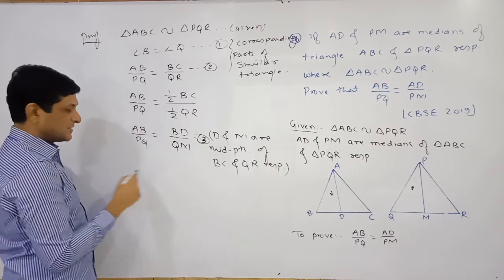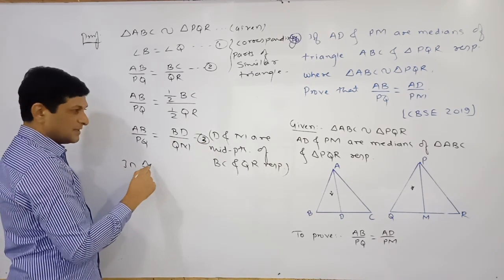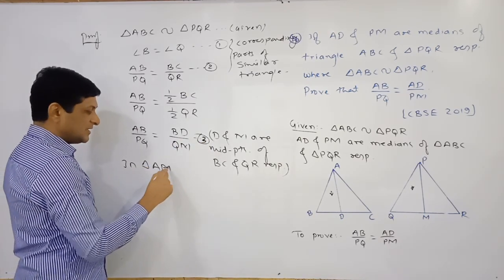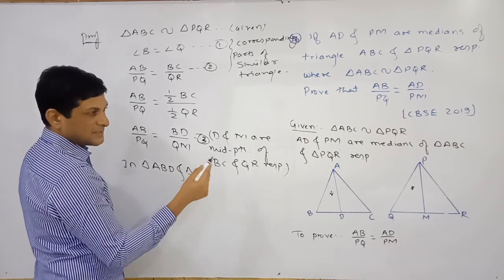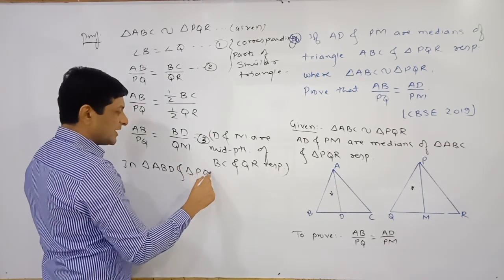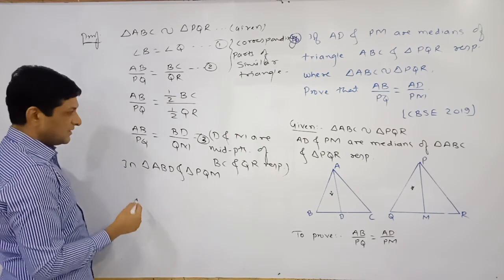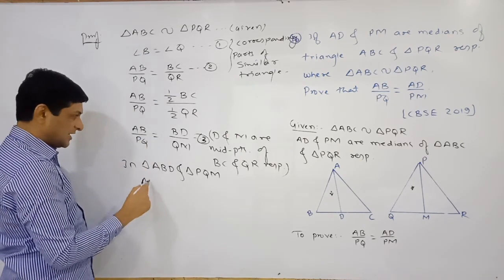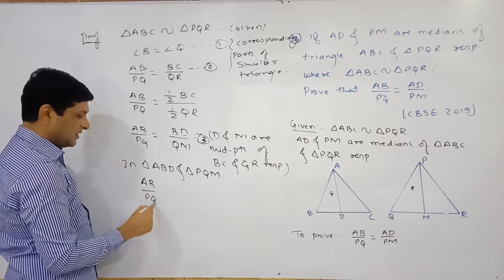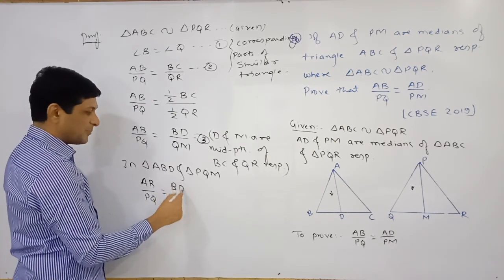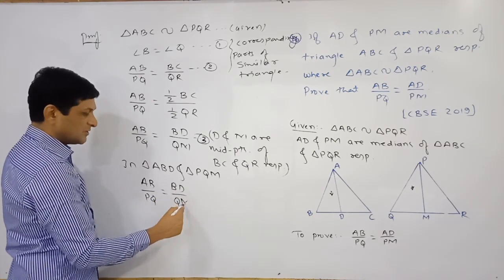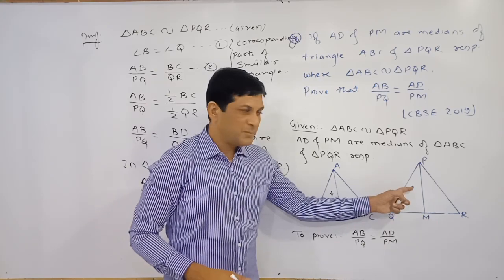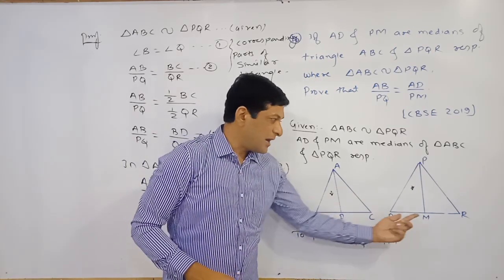Now we are considering triangle ABD and triangle PQM. In these two triangles, write down this condition: AB upon PQ will be equal to BD upon QM. So what result have we shown here? AB upon PQ will be equal to BD upon QM.